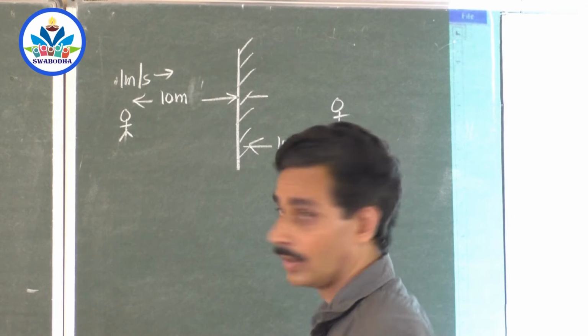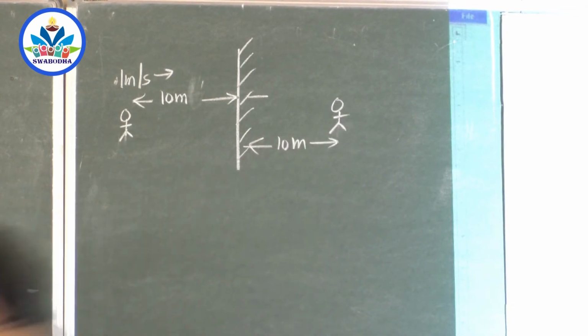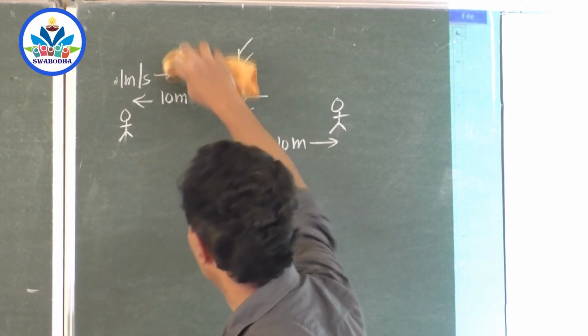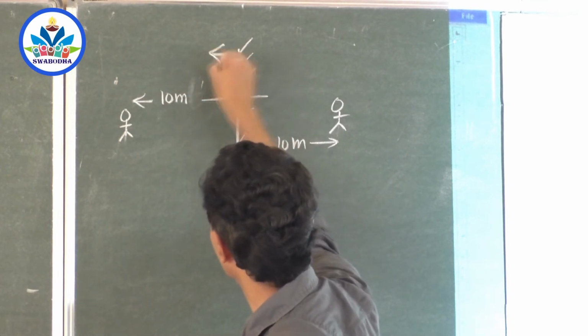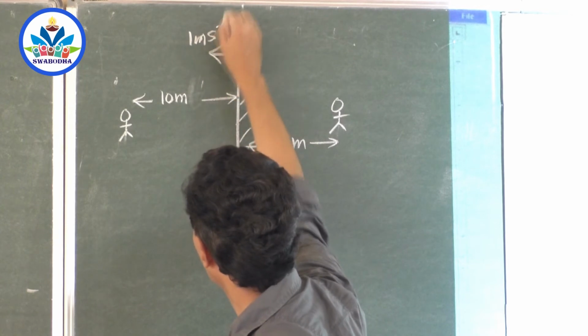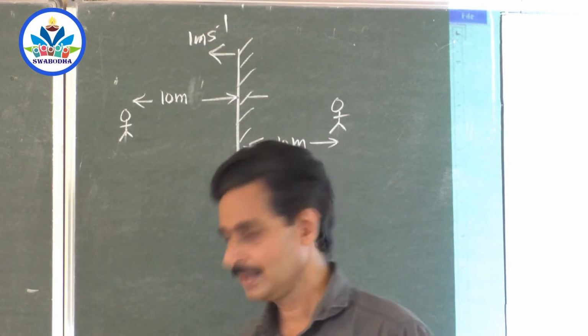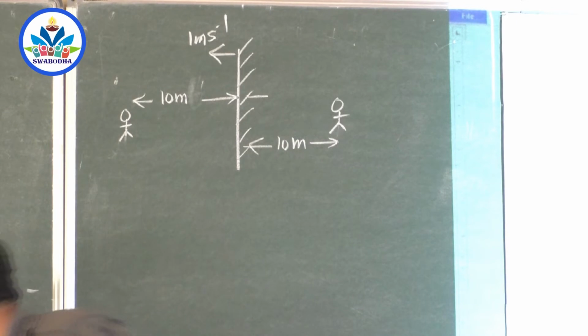Right. Now, not the person running, sorry, it is the mirror running. Suppose the mirror moves with a speed of 1 meter per second towards the object.